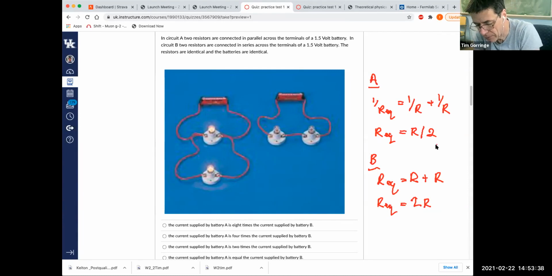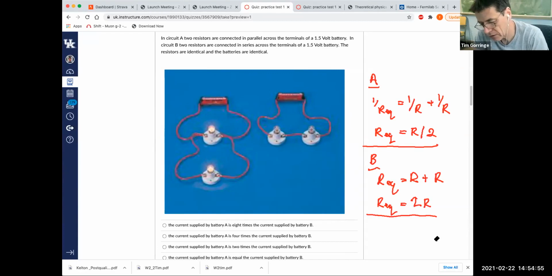And so if we compare circuit A and circuit B, the resistance of circuit A, the two resistors in parallel, is actually 1/4 of the resistance of circuit B.